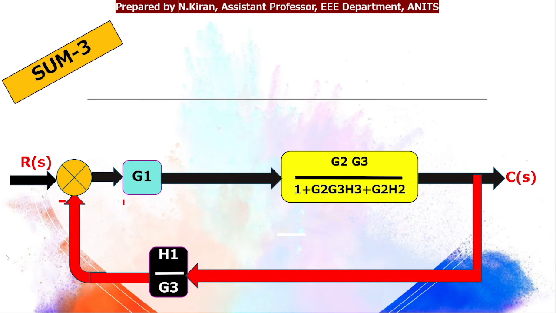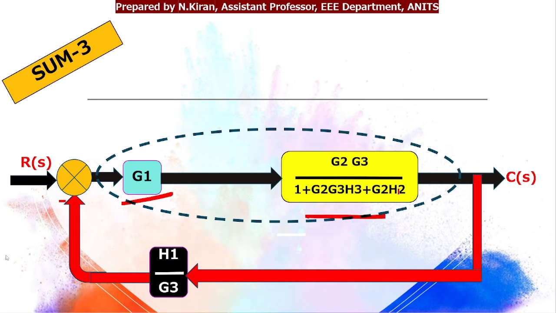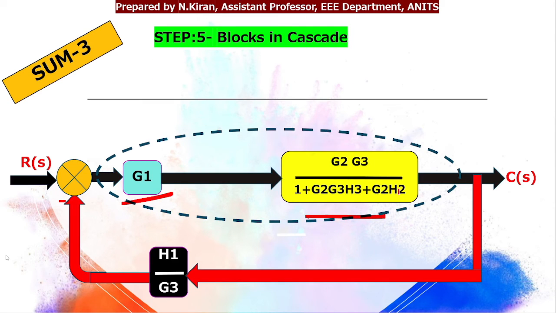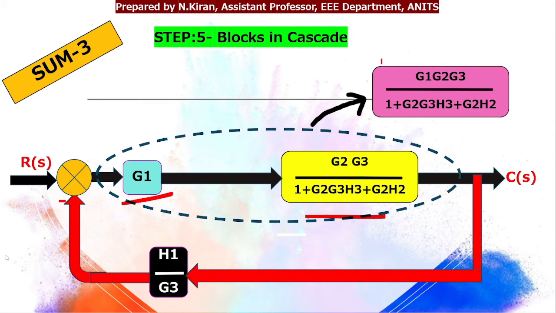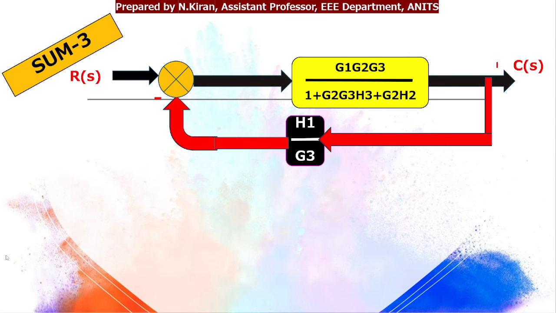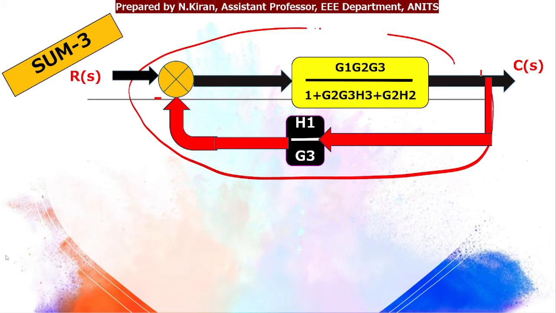So these two blocks in the next step are in cascade. Just multiply, that will give me g1 g2 g3 by 1 plus g2 g3 h3 plus g2 into h2. And in the last step, this is nothing but a feedback loop.